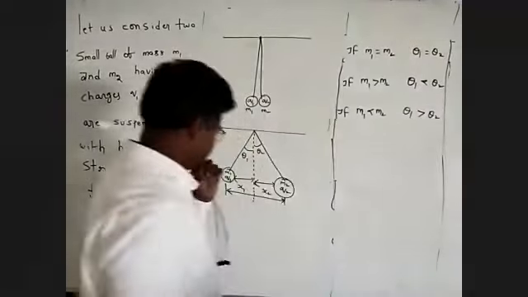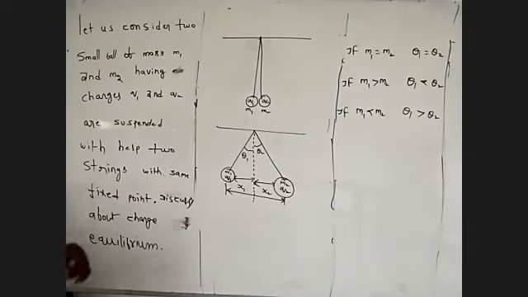This is very, very important. You see here carefully. Two small balls of masses m1 and m2 having charges q1 and q2 are suspended with the help of two strings from the same fixed point.